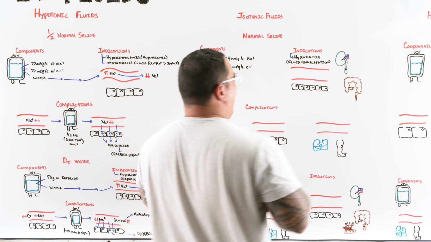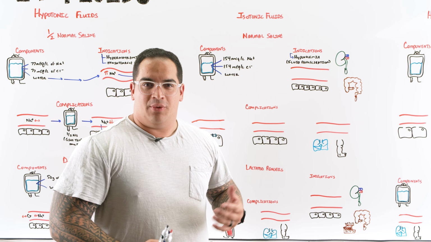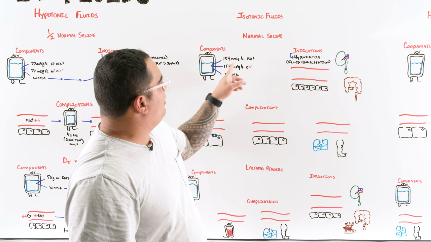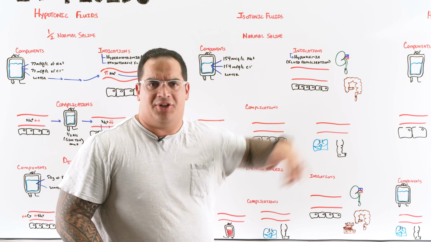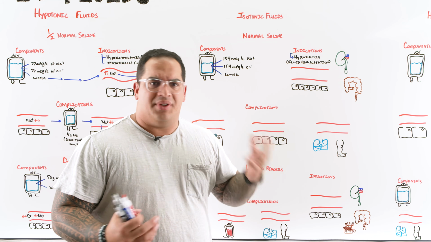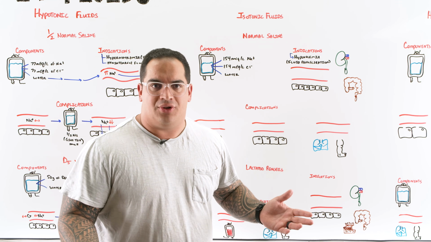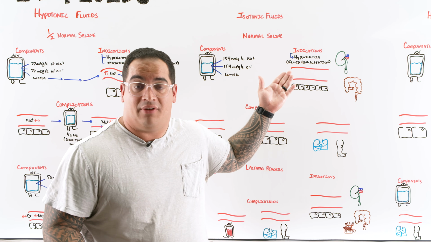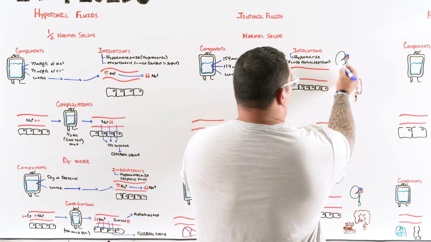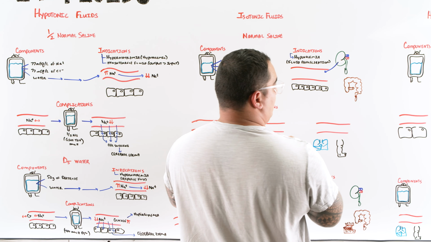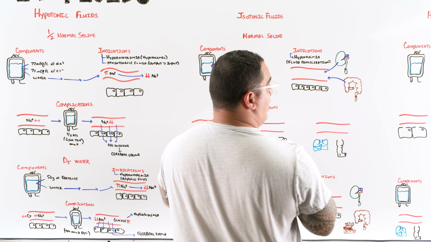What I mean by that is I'm going to give this fluid pretty quickly, so we do what's called bolus therapy, particularly with normal saline or lactated ringers. If a patient's hypovolemic, we look at a couple of different features: dry mucous membranes, decreased skin turgor, hypotension, acute kidney injury. We look at a lot of those features, and sometimes even low sodium could be another feature here. But the hypovolemia could be because the patient's peeing out a lot of solution and not reabsorbing it, or they're having vomiting and diarrhea and they're not absorbing it.